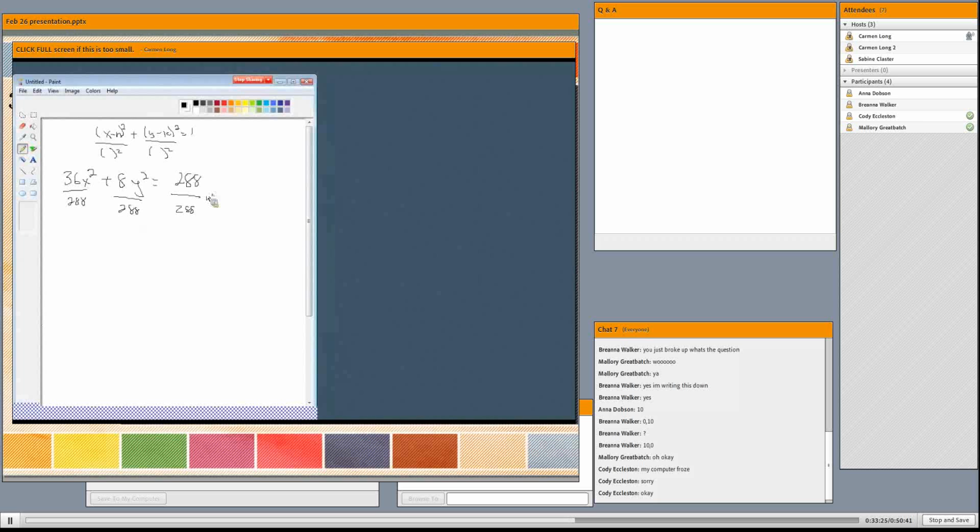How many times does 8 go into 288? 288 divided by 8 is 36, yep. So we end up with y squared over 36. I just simplified that, and over here I get x squared over 8, because 288 divided by 36 works.